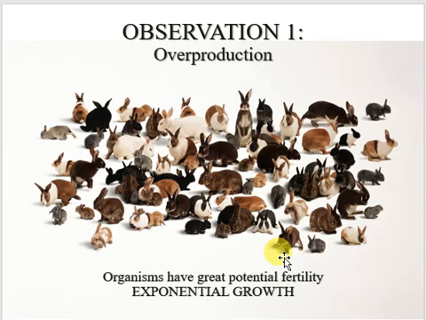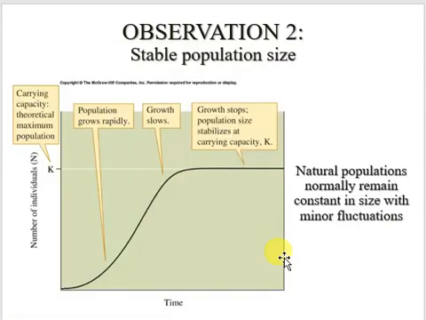Now, if we think about what we actually see in nature, we see something a bit different, right? In nature, we don't really see populations exhibiting exponential growth like that which is expected by their high potential fertility and exponential fertility rates.